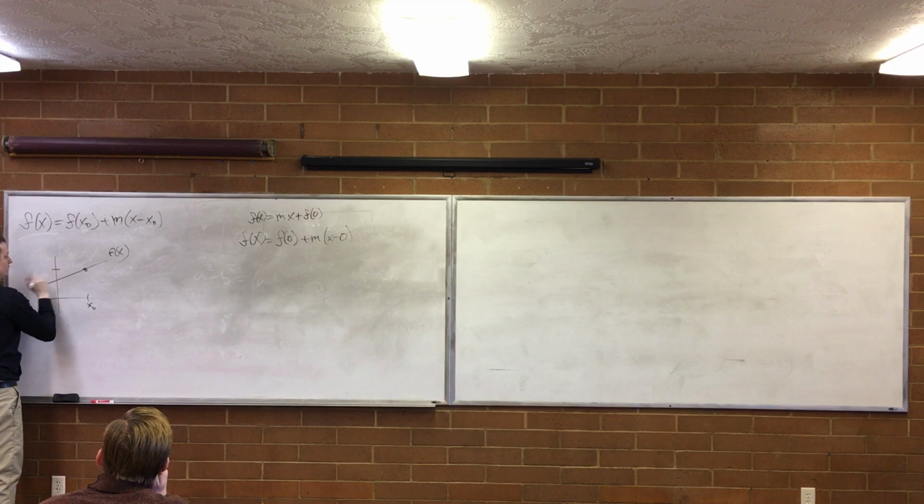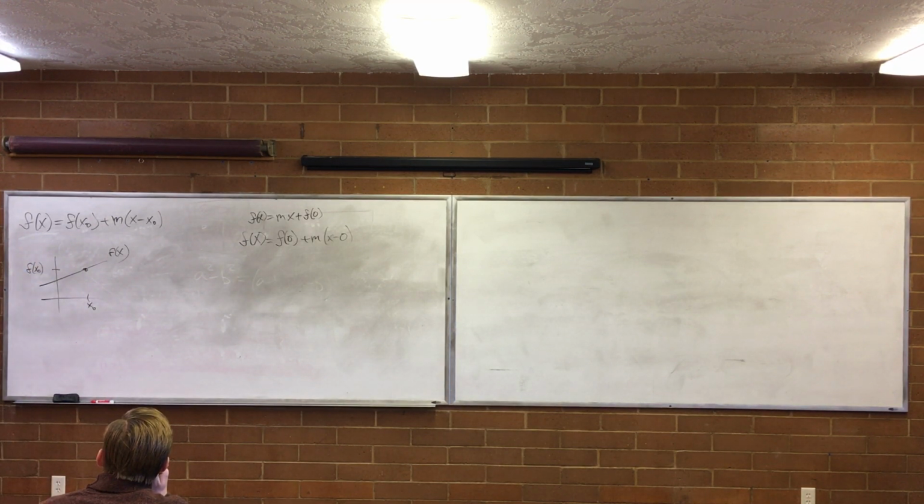So over here, this is f of x naught, right? Because it's the height at that point. So now let's think about the line that goes to that point with a slope of m. Does that make sense?